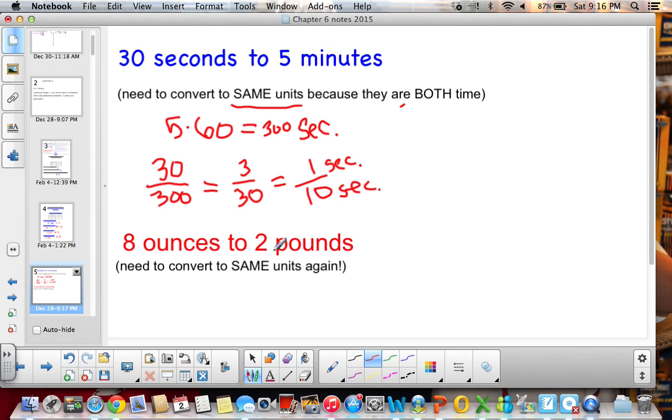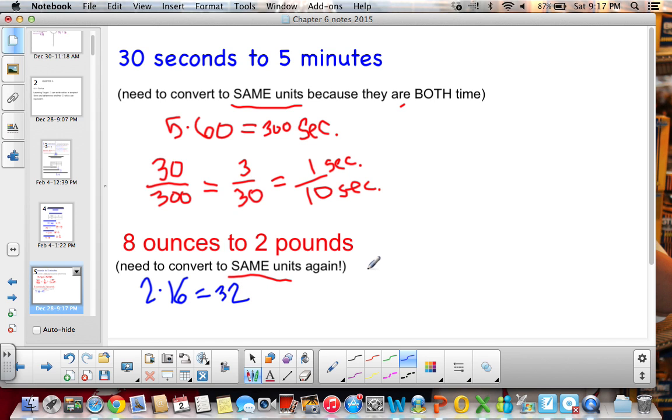8 ounces to 2 pounds, we need to convert to the same units again. So I know that ounces is smaller than pounds, so I can convert pounds to how many ounces, and I know that there's 16 ounces in a pound. So I'm going to go 2 times 16, and I get 32.